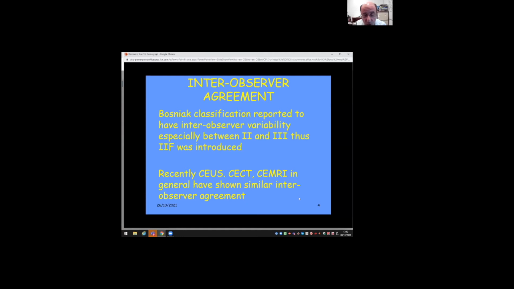Now, the work that has been done has shown that in general, they are all very similar in inter-observer agreement. All three of them can be used to assess renal cysts, and in particular, the potential malignancy rate.